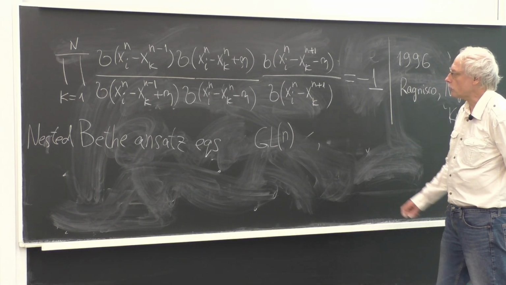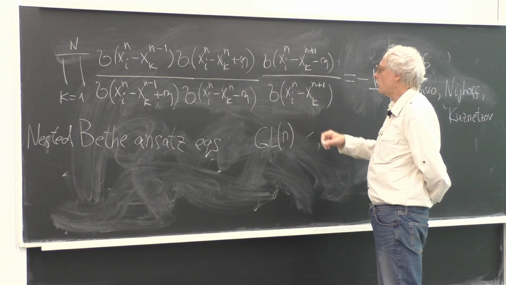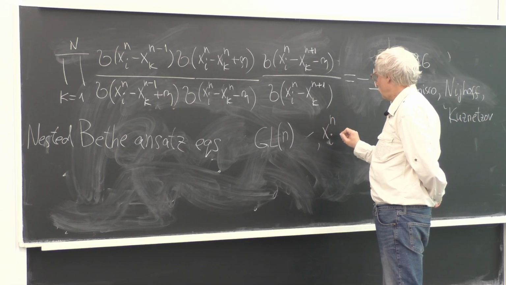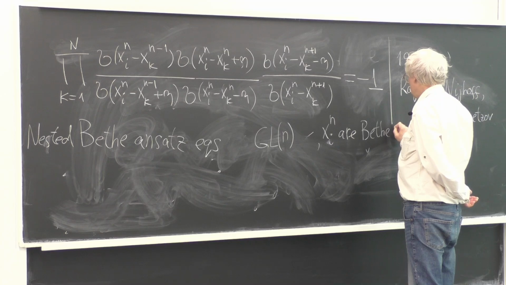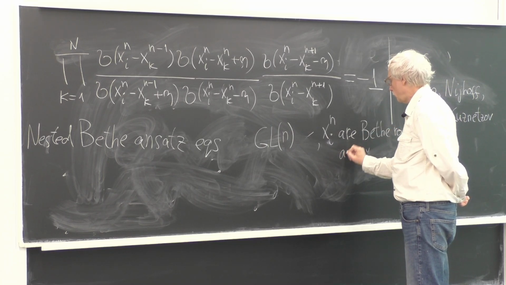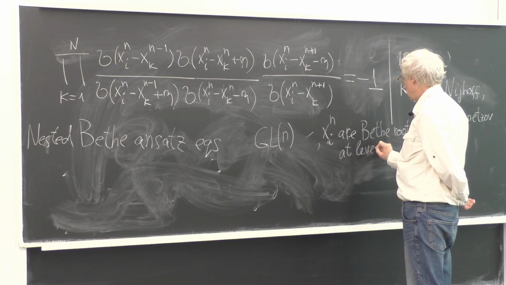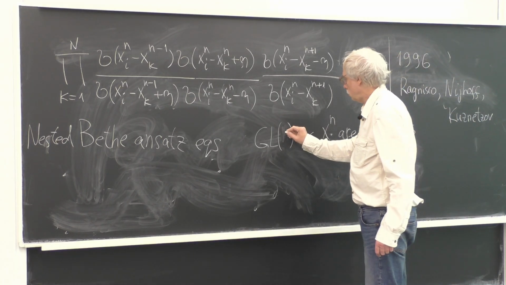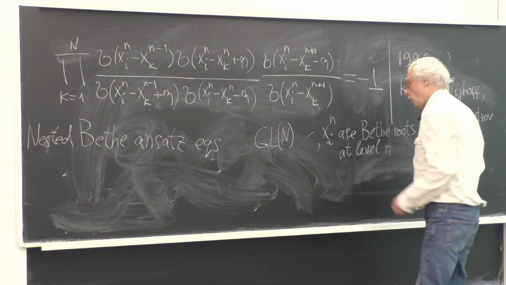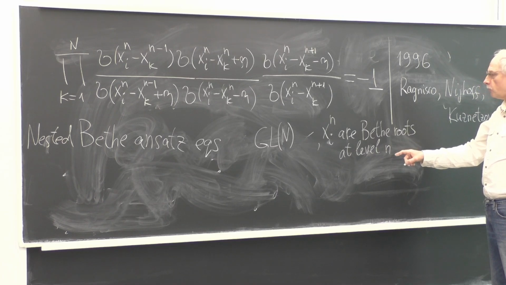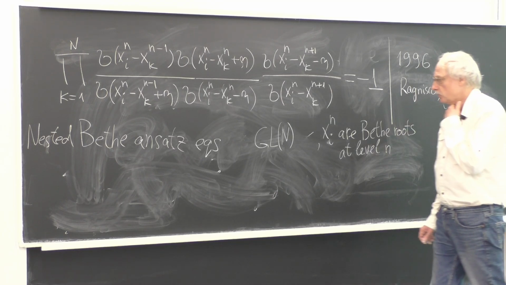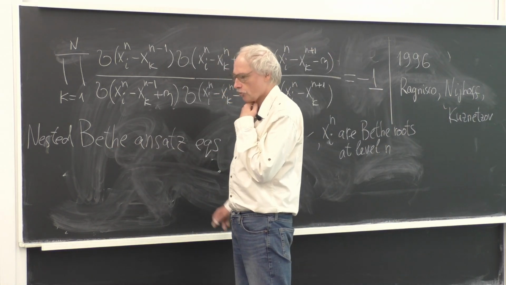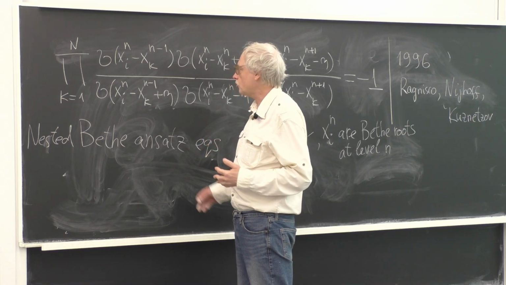And in this interpretation, these xi's are Bethe roots at different levels n of the nested Bethe-Ansatz. However, there are two important differences between Bethe-Ansatz equations that appear in quantum spin chains and these equations.